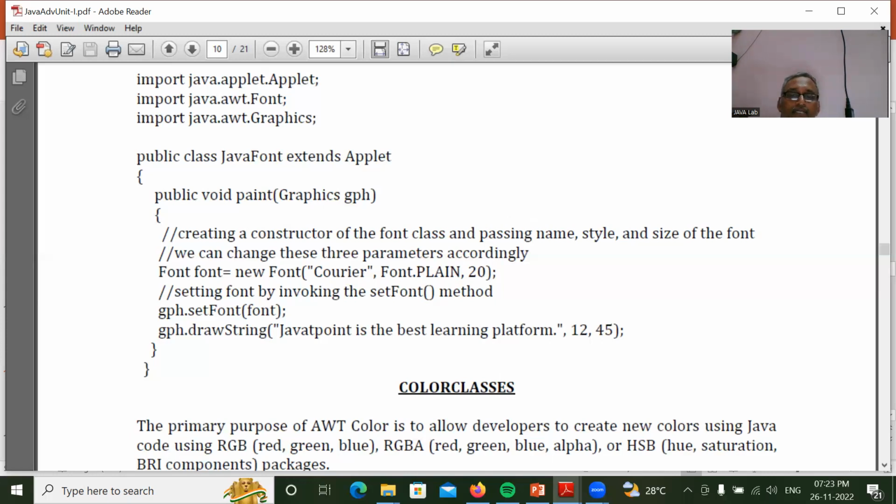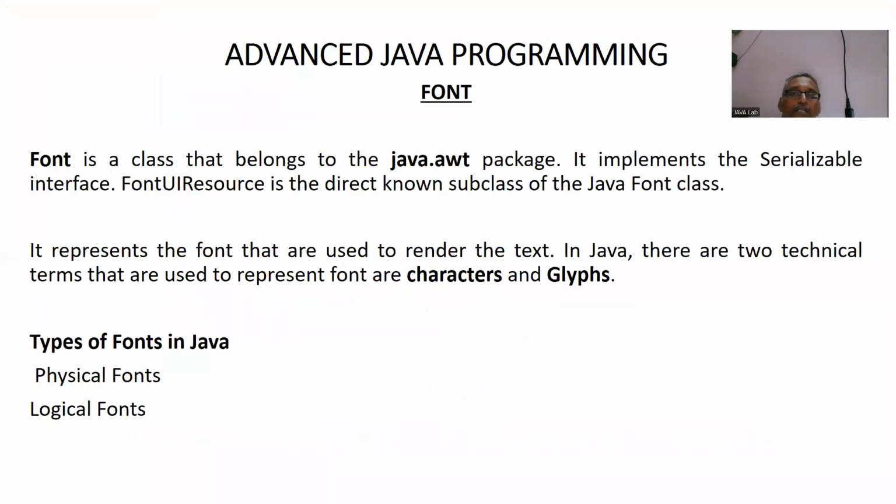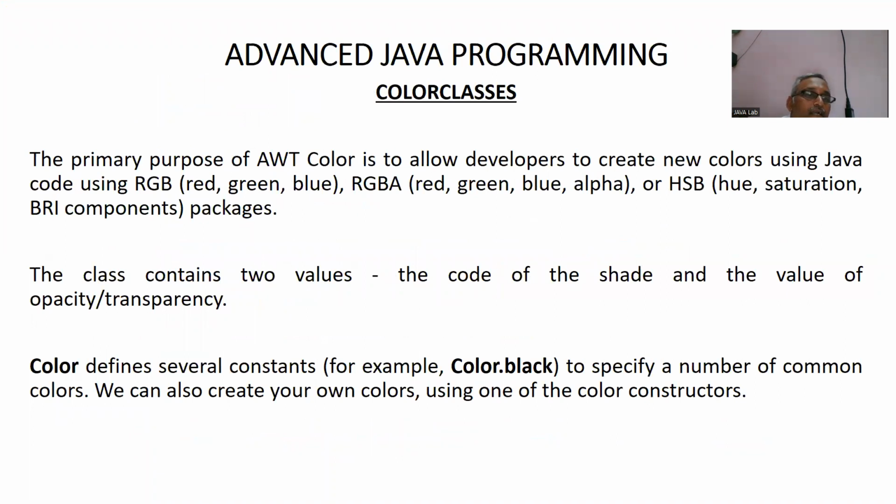Next one, color class. The primary purpose of the AWT Color class is to allow developers to create new colors using Java code, using RGB, that means red, green, blue, RGBA, red, green, blue, alpha, or HSB, hue, saturation, brightness components. The class contains two values, the code of the shade and the value of opacity or transparency.